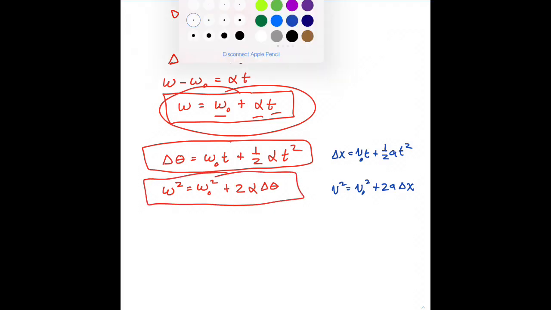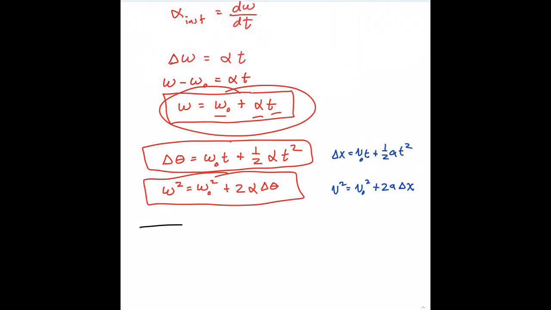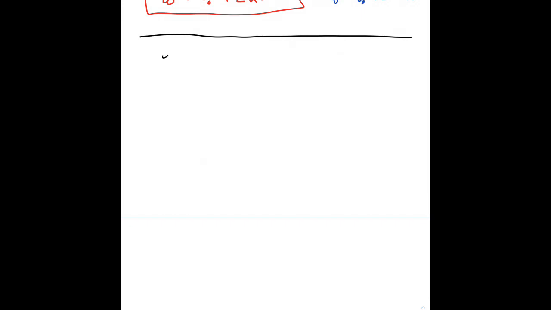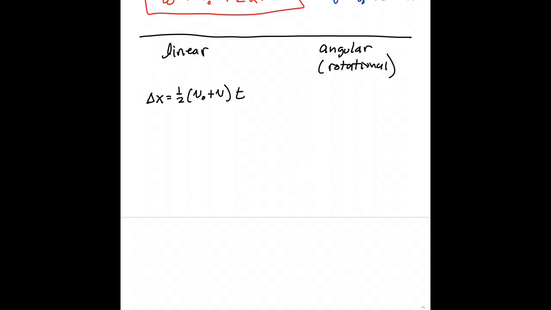So let's just review by taking a quick look at our four equations and compare side by side. Linear motion compared to angular or rotational motion. Displacement is equal to 1/2 initial velocity plus final velocity times time.